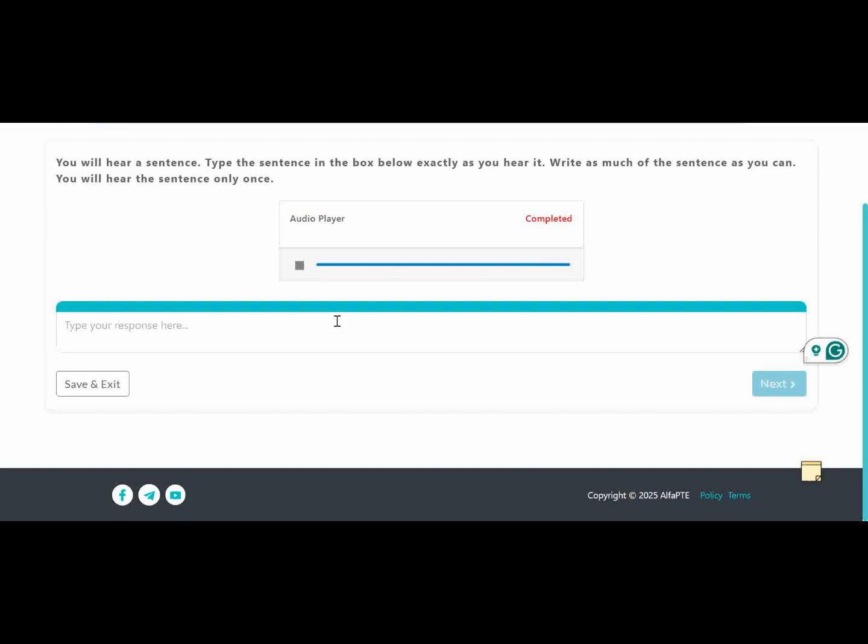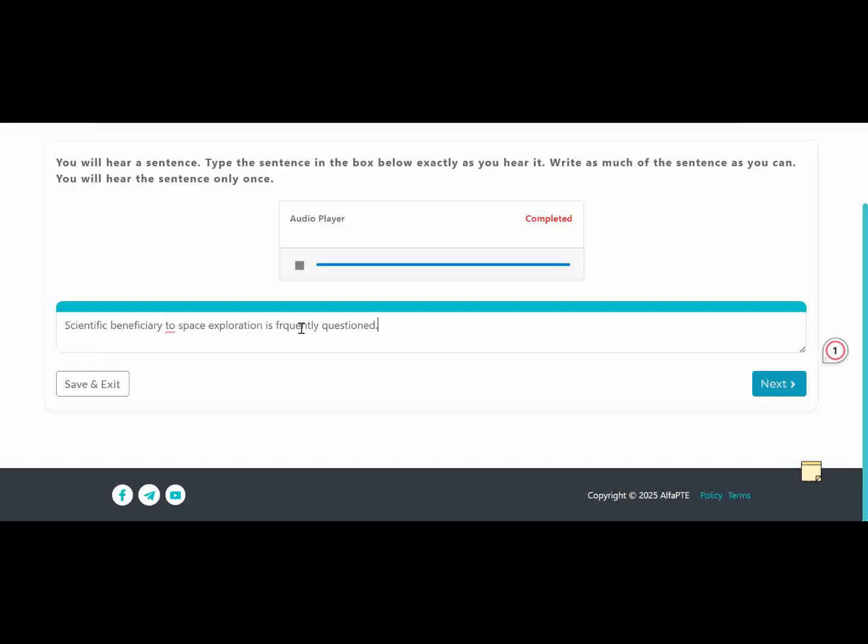So the sentence is, scientific beneficiary to space exploration is frequently questioned.